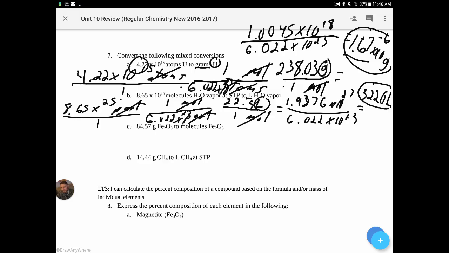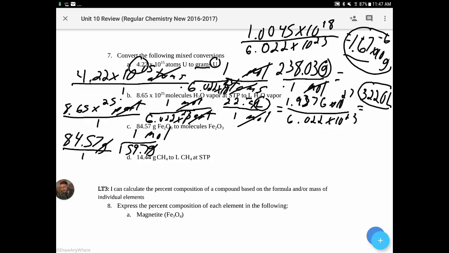All right, next one. 84.57 grams over 1. We do our first conversion factor. We need grams on bottom, moles on top. 1 goes next to moles. The molar mass of Fe2O3 is 159.7.